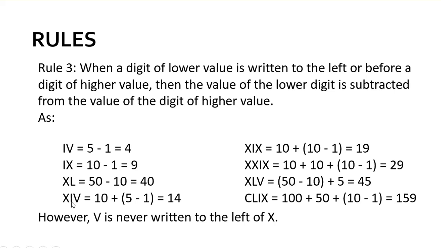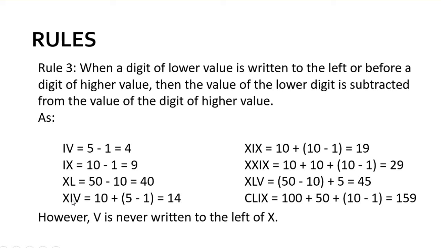That is lower value, then again a higher value. Then you have to use the bracket. That is, first you subtract 1 from this 5, then add that with that 10. So that we get 14. Here we can see combination of rule number 2 and 3.